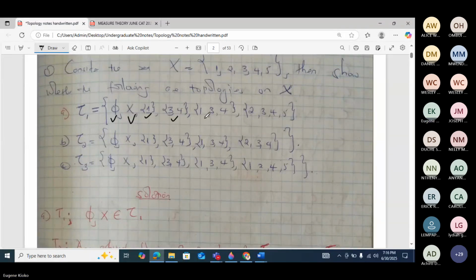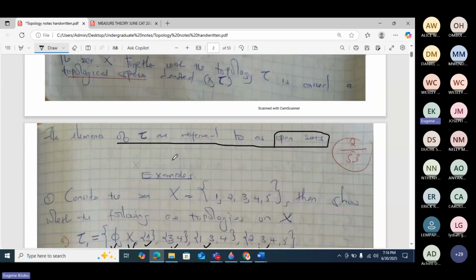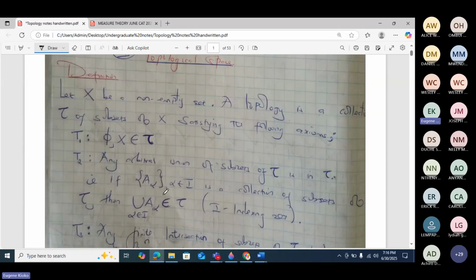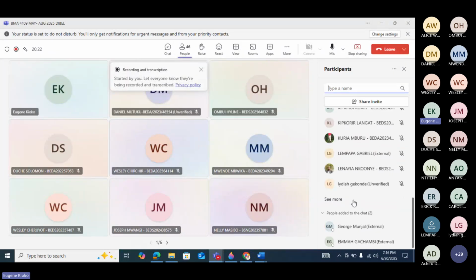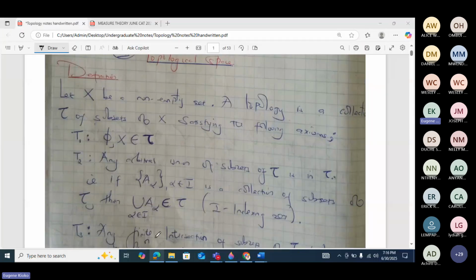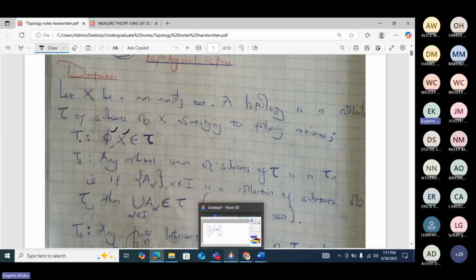All these are open sets. Members of a topology are called open sets. And as we can see from the definition, it means empty and X are open sets.